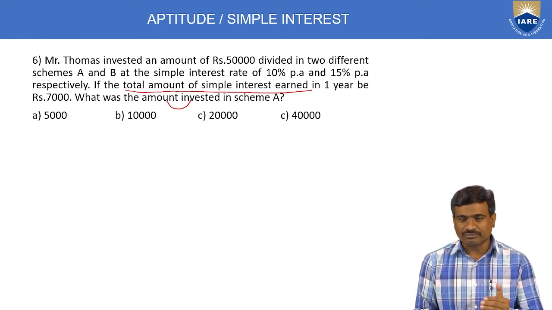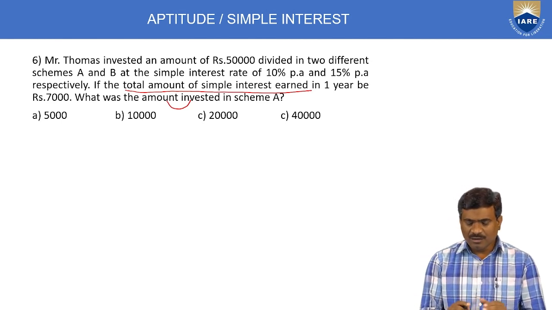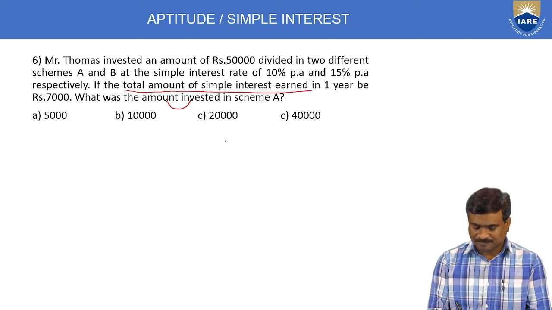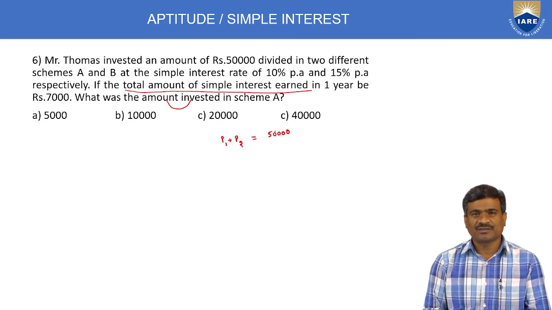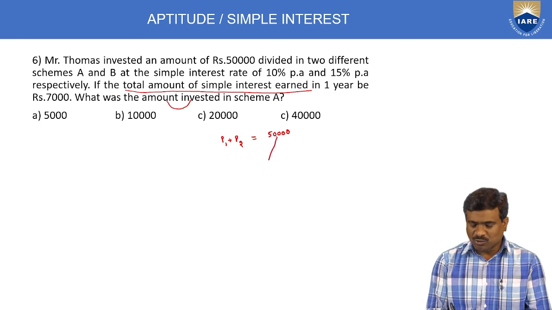In the equation, find only the scheme A principal amount by using the first equation. Total principal amount: P1 plus P2 is equal to 50,000, divided into two parts. Let P1 be equal to X rupees.